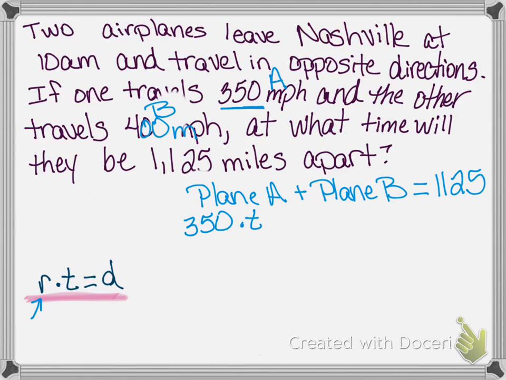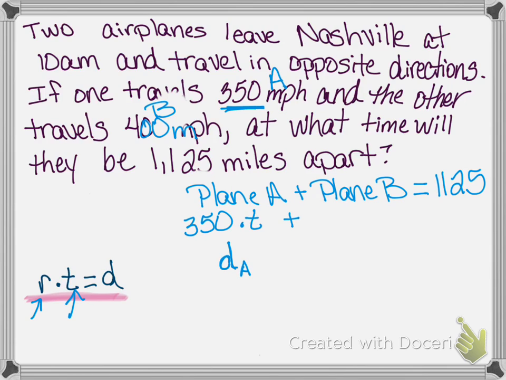I'm given my rate, that's my R. I don't know my time, but I can keep it as T. That 350 times T gives me the distance that plane A travels in that amount of time.